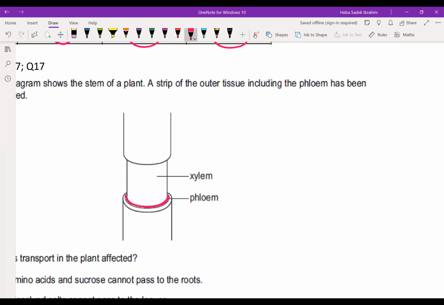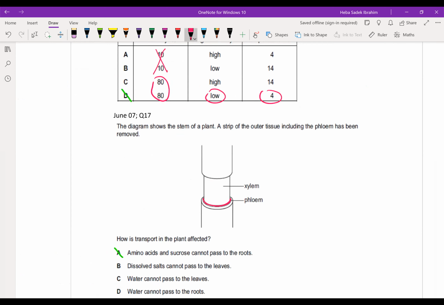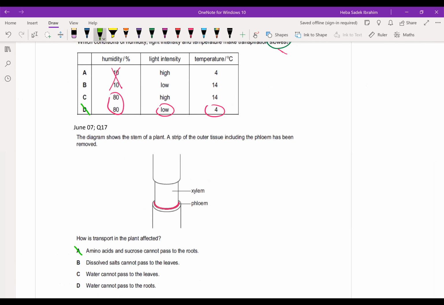What should happen? The phloem carries the food upwards and downwards, right? When he cut out the phloem vessels, the food can't get down. It comes from above and can't reach down, so in this example the food will come and stop at this point.